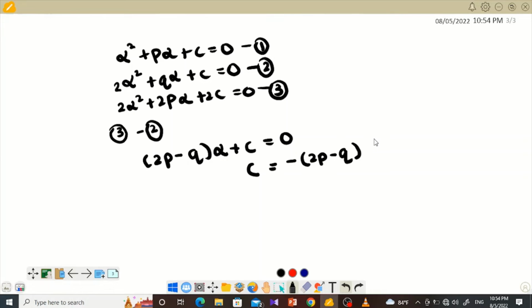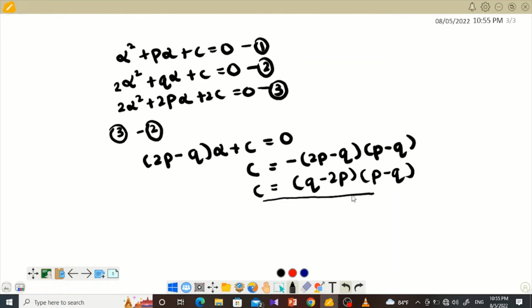Alpha we have found above: alpha is p minus q. Now I multiply the minus sign with the bracket and simplify this as c equals (2p minus q)(p minus q)... that is, c equals (q minus 2p)(p minus q). This is the value obtained for c using q and p.